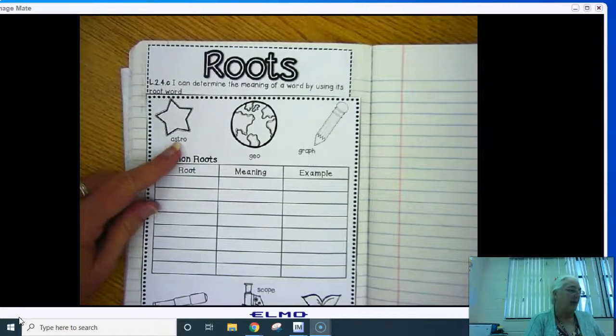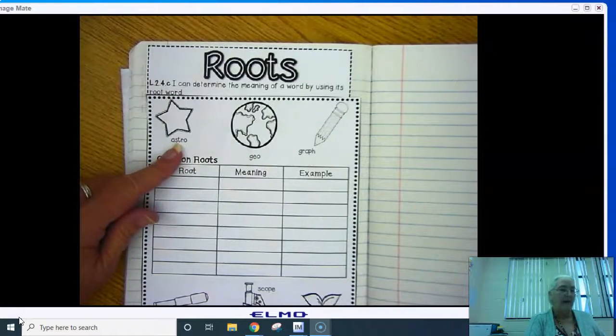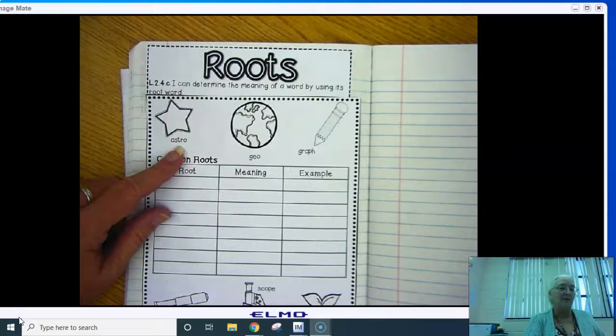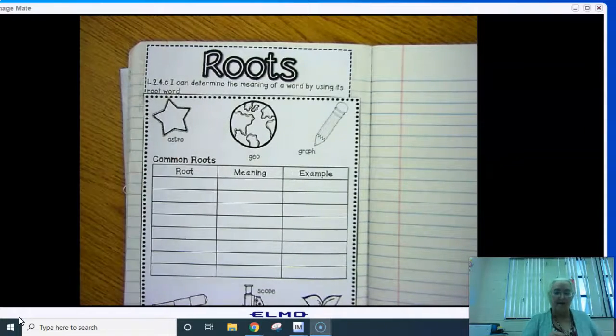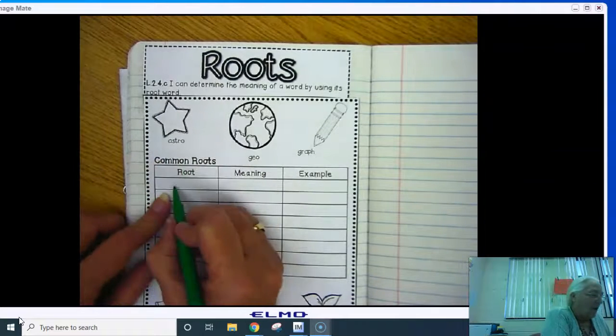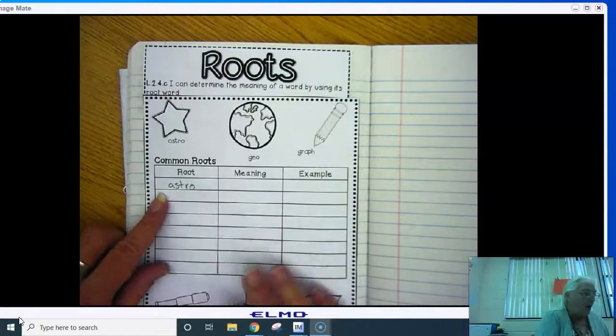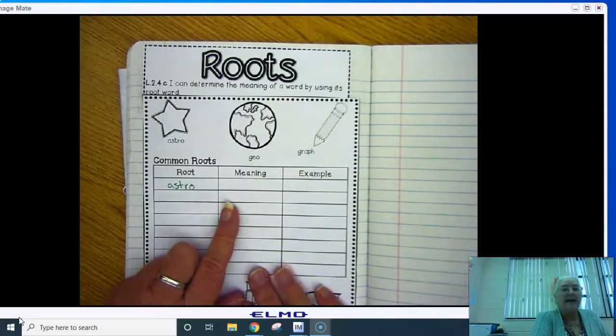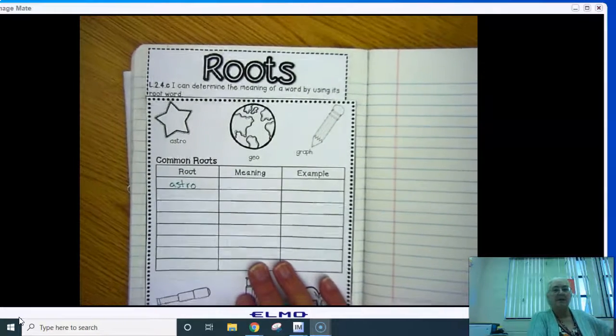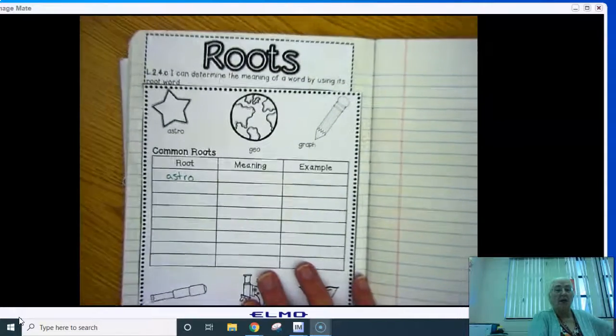For example, astro has a meaning, and we use this word in words like astronaut. Let's start with that. So a common root word is astro, A-S-T-R-O. And astro means stars or star.